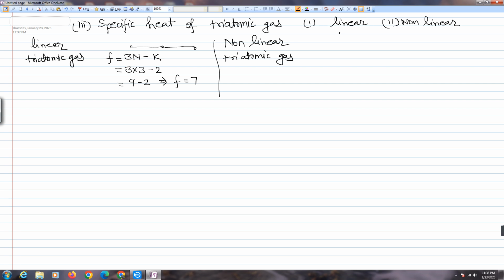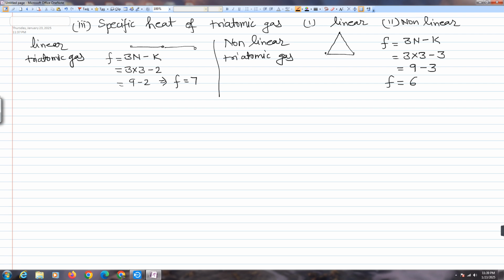So the situation will be like this: first, second, third, and these are the three atoms and having three independent relations. So degree of freedom F can be calculated with this formula 3n minus k. So 3 into 3 minus 3, so 3 3s are 9 minus 3, degree of freedom comes out 6.